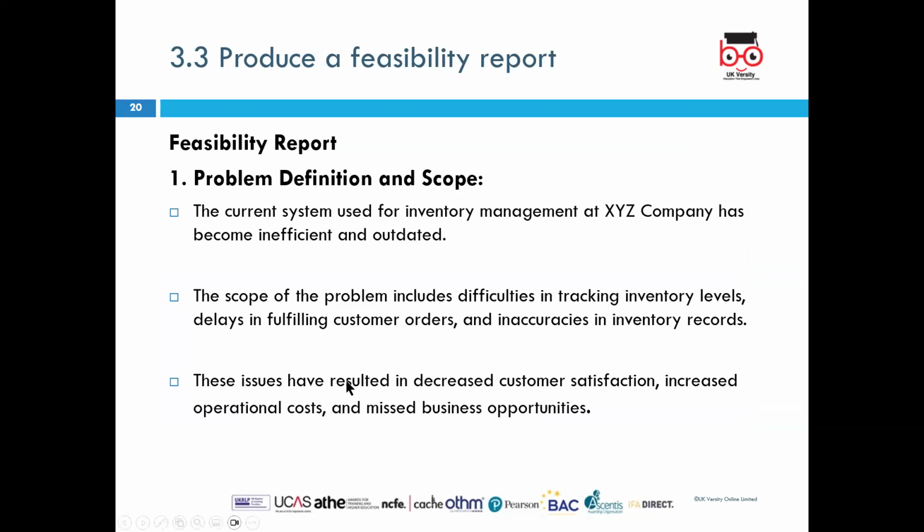Okay, so now we're going to produce a feasibility report. When it comes to understanding how doable our changes are going to be, we need to conduct our feasibility studies, and we now need to report them. First of all, we need to identify the problem and the scope.